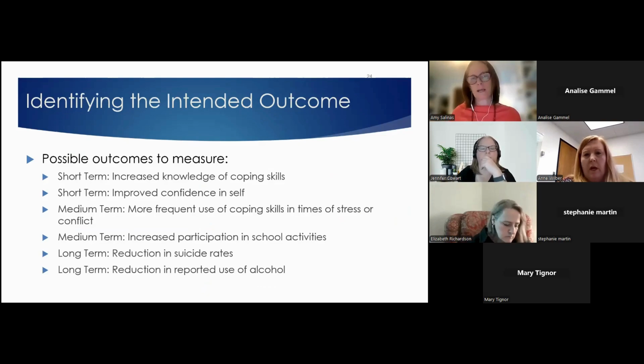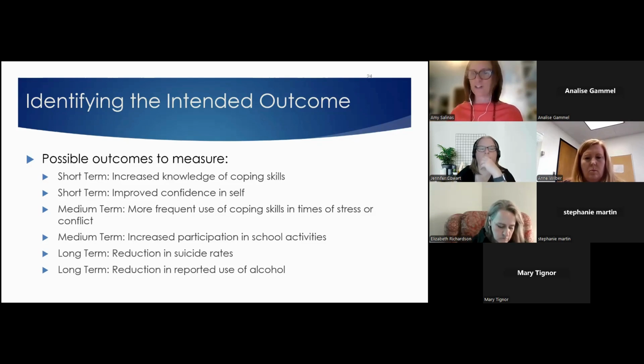Okay, so here's some examples of potential outcomes of a specific program. Examples of short-term outcomes might be increased knowledge of coping skills, improved confidence in self. Those are, again, knowledge or attitudes, opinions. Medium term might be more frequent use of coping skills in times of stress or conflict, and increased participation in school activities.